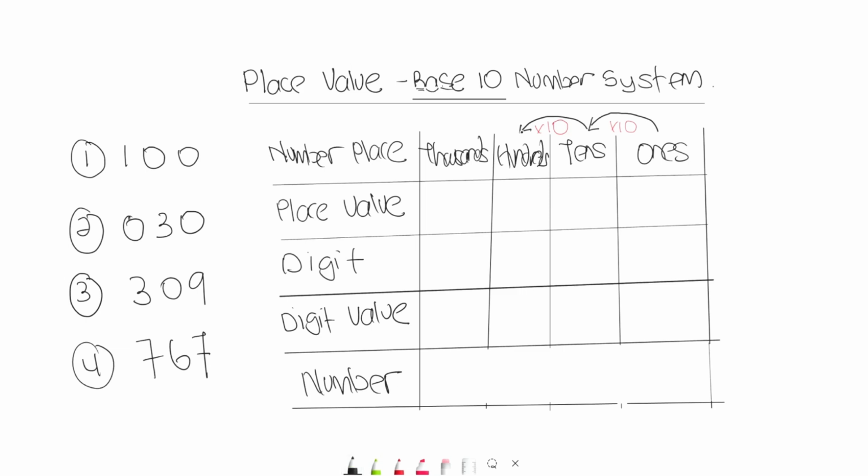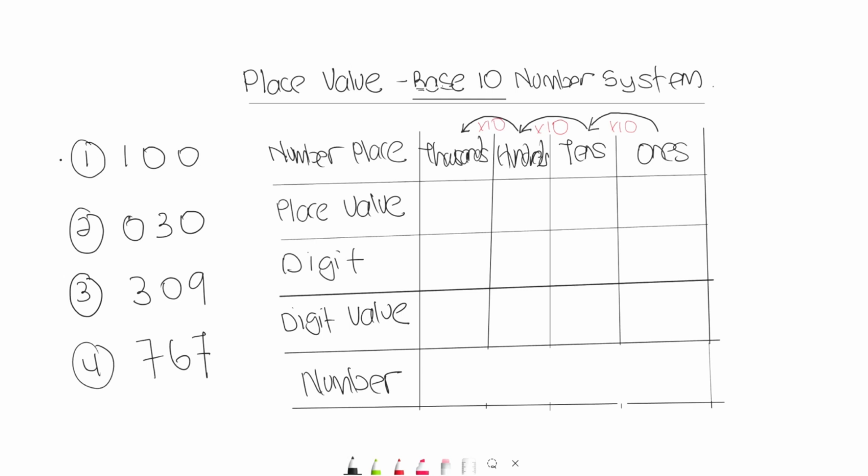And from the hundreds, I've created a new number place, which is 1,000, also multiplied by 10. So as you see, as the number places move to the left, each becomes 10 times bigger than the previous number place. So that is the reason it is known as base 10. Now that I've shared that with you, let's move on to the example.